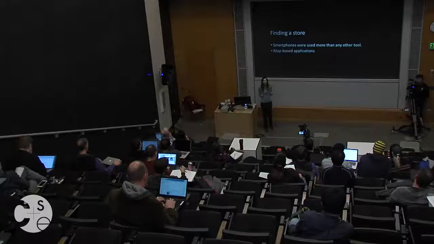So let's start with finding the store. So the first thing that most of our participants did, which may or may not be too surprising to you all, is this. So they took out their phones and pulled up a map-based application, so Google Maps or something similar, to look for a nearby store.